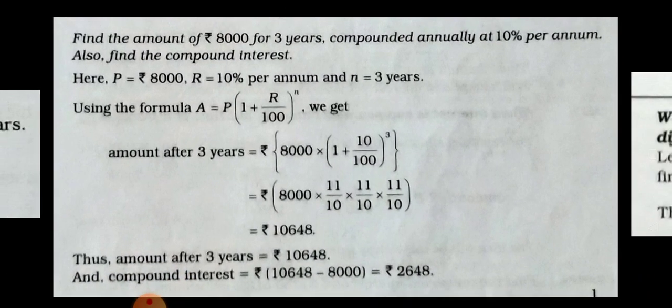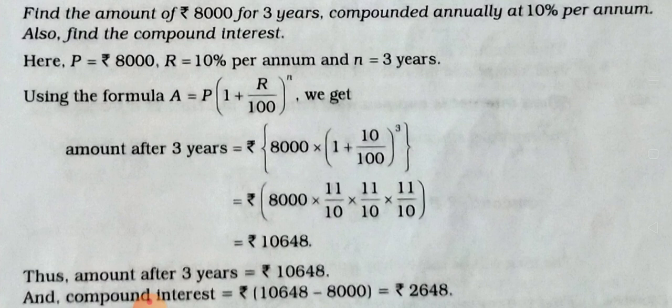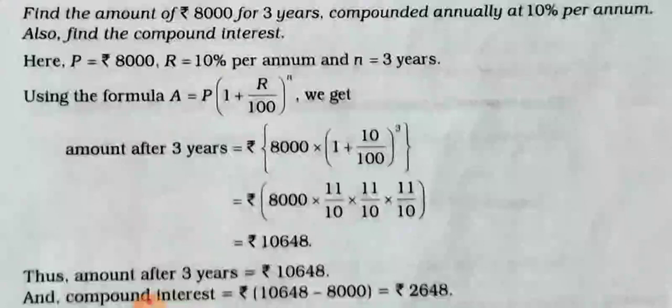So let's solve a few questions. This is my first question. Find the amount of 8,000 for 3 years compounded annually at 10% per annum, and also find the compound interest. So we will directly apply the formula. Here P is equal to 8,000, R is equal to 10%, and time, that is N, is equal to 3 years.